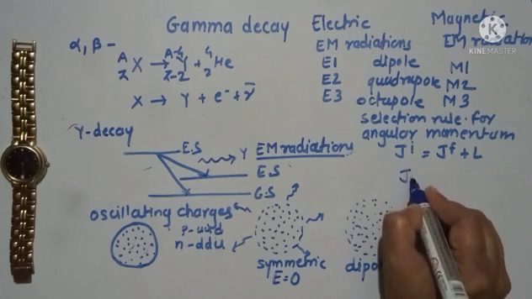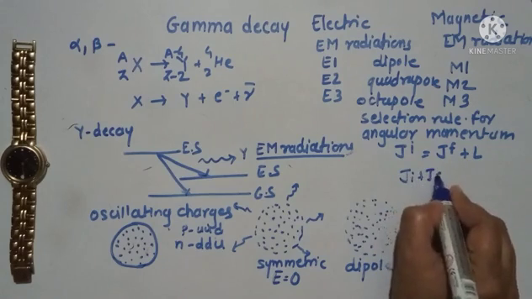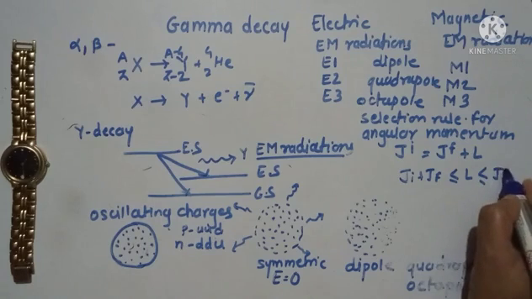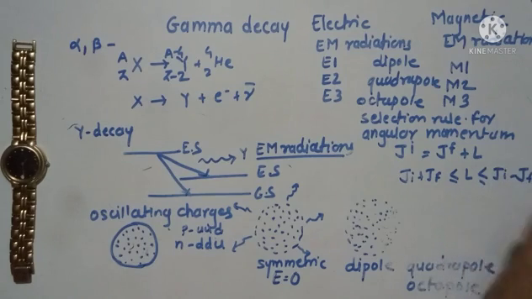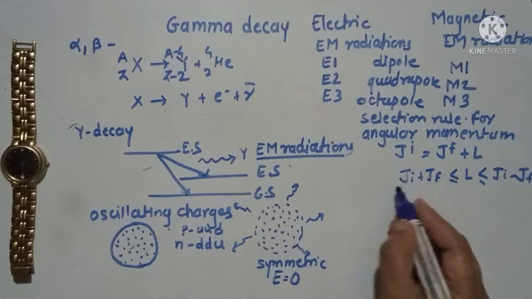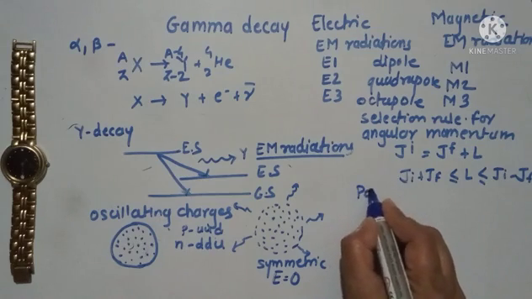I can write that |Ji minus Jf| is less than or equal to L, which is less than or equal to Ji plus Jf. Along with the selection rule for angular momentum, there is also a selection rule for the parity.